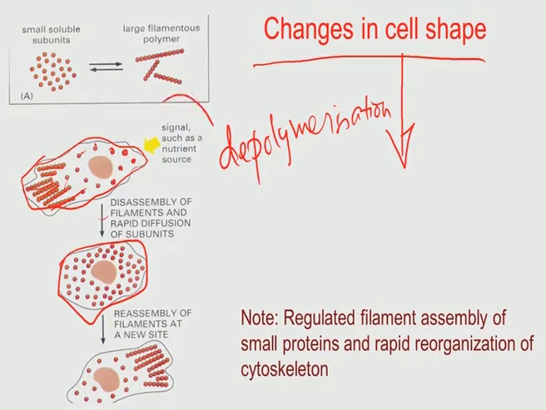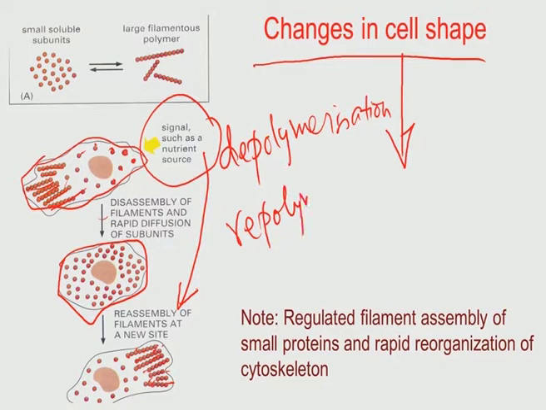But under certain signal or nutrient source, if that continues, then under favorable circumstances these monomers can get assembled together again by a process called repolymerization. This enables the formation of actin filaments again, but not at the same site where they originally got broken down to small monomers, but at a different site, and that way the cytoskeleton can be stretched in that particular direction.